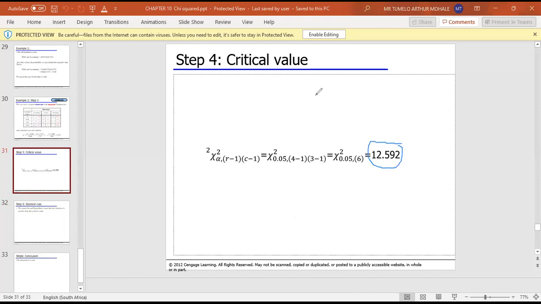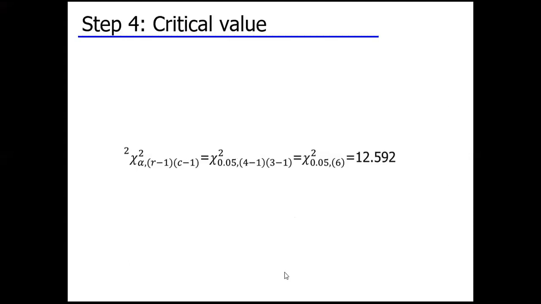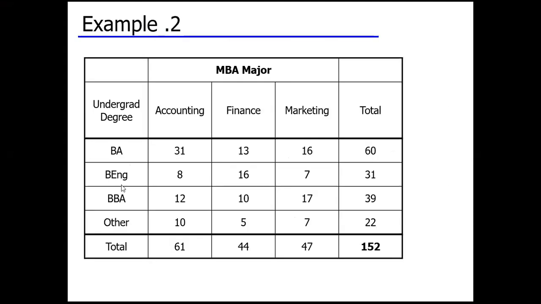Now let me go back and show you how they arrived at 4 as the number of rows and that as the number of columns. You can check.